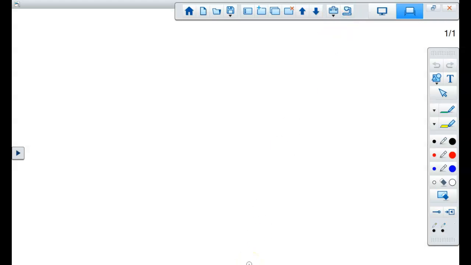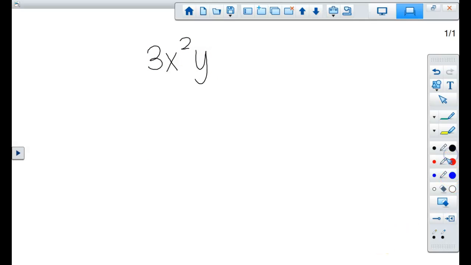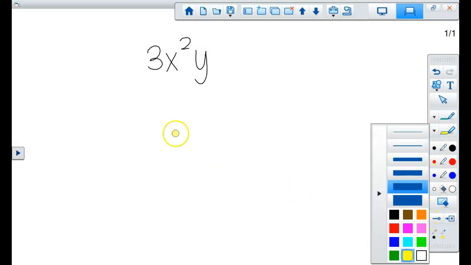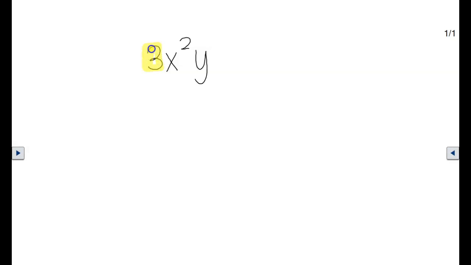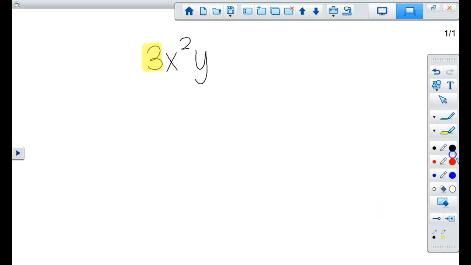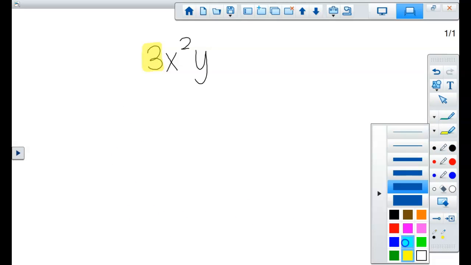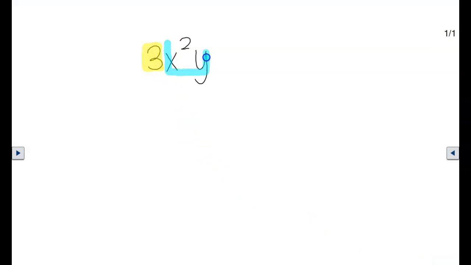All right, yesterday we started to review and learn about like terms. What we talked about was that when you have something like 3x squared y, the 3 in that term is called the coefficient, and then we referred to the variable part of that term, which is x squared y, as being the last name.